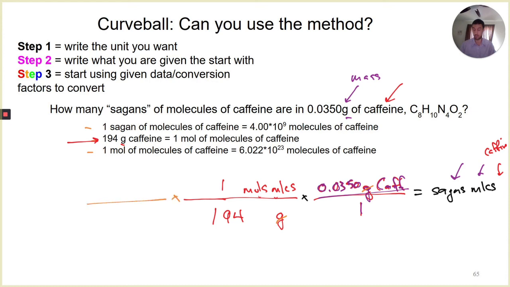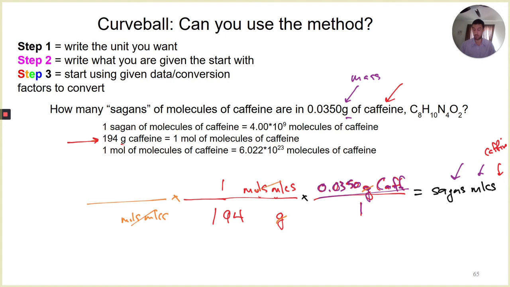The next step is I need to get rid of moles of molecules, and I want Sagans of molecules. Well, I see Sagans of molecules, fantastic, being related to just molecules, not moles of molecules, so that doesn't work. Moles of molecules, cool, related to just molecules, also doesn't work. So the conversion that I'm looking for is yet again not available to me. That means I'm going to have to convert to something else. What do I want to convert to? Well, I again like canceling my moles of molecules.